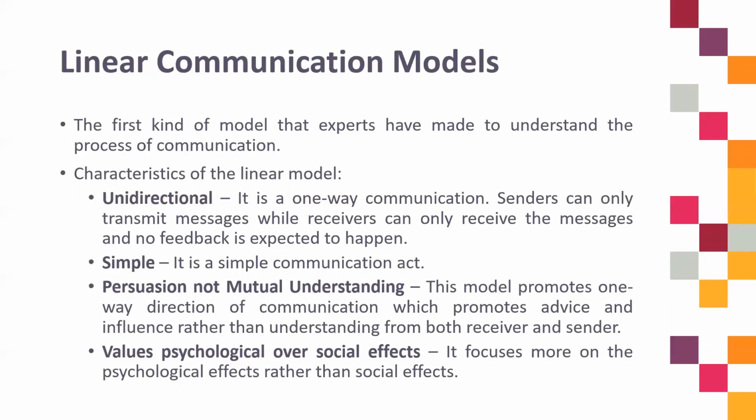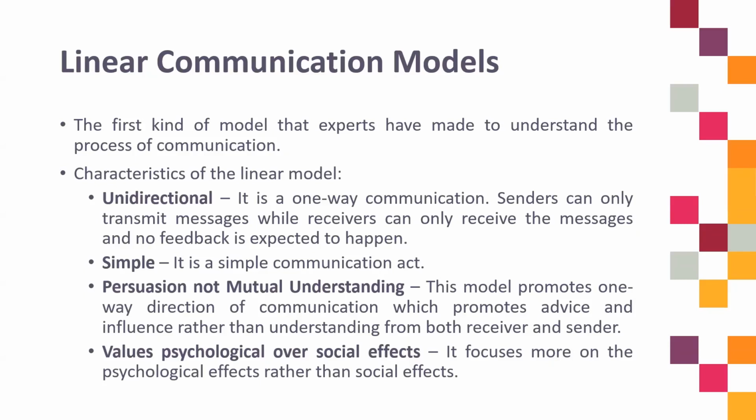I'm going to show you later how a linear communication model looks. But let us first discuss the characteristics of the linear model. The first one: a linear communication model is unidirectional. We say unidirectional, it is a one-way communication.